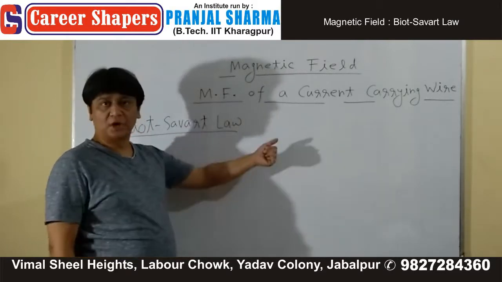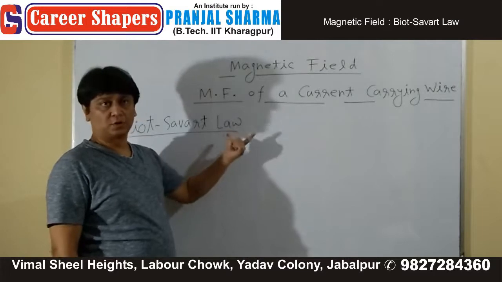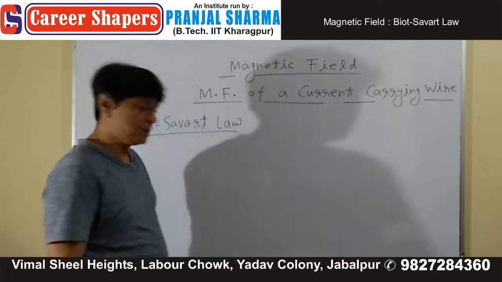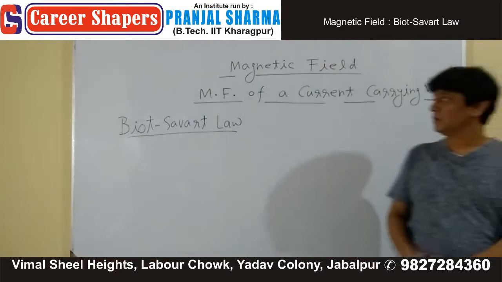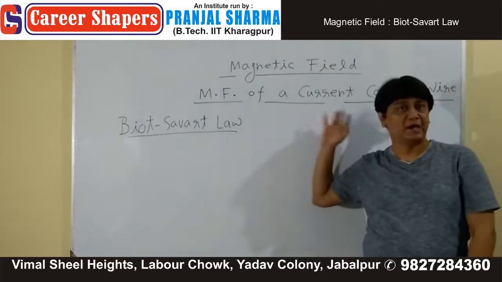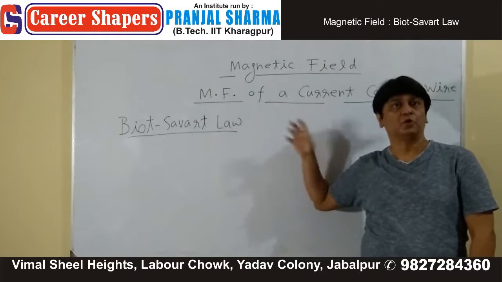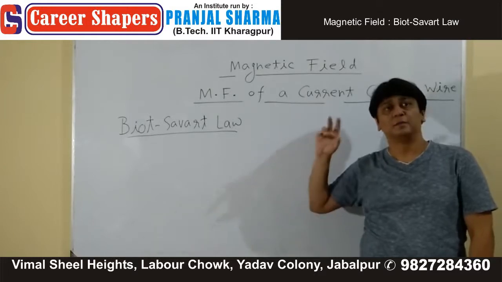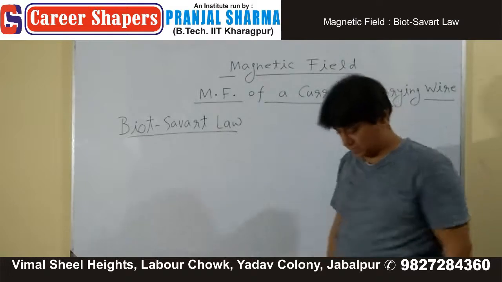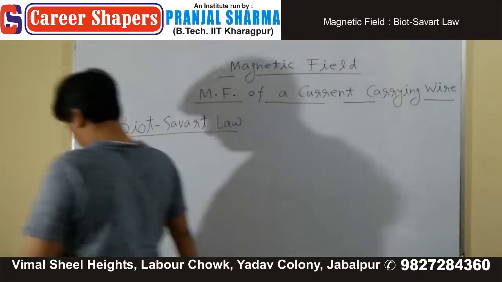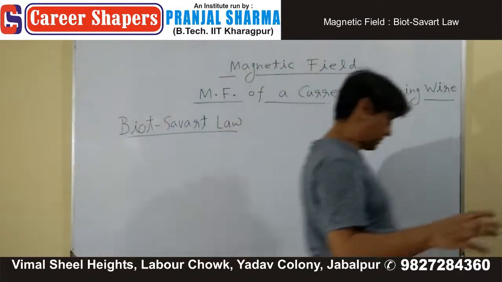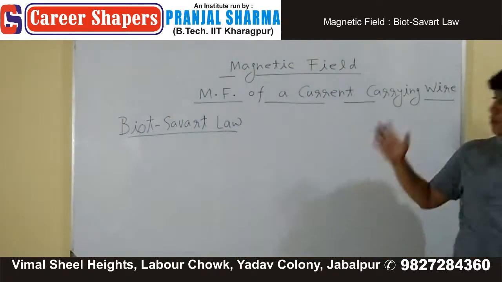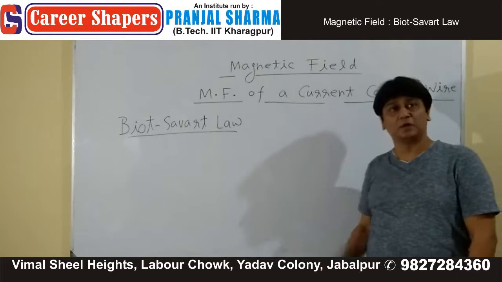And a moving charge produces both electric field as well as magnetic field. So the moment you have a current carrying wire, you will get magnetic field, but we do not get any electric field when we talk about a current carrying wire.